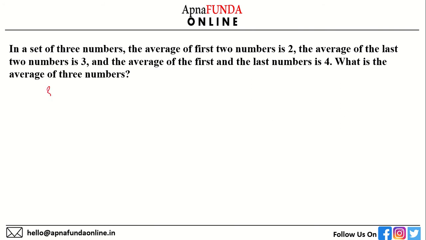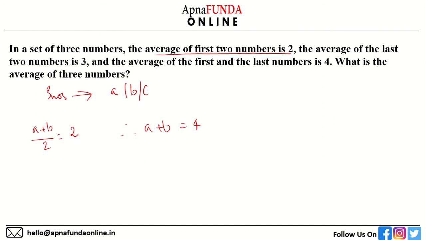So we know that there are three numbers; let's assume them to be A, B, and C. Firstly, the average of the first two numbers is 2. So (A plus B) divided by 2 is 2. So can I say A plus B is equal to 4? The total of the first two numbers is 4.